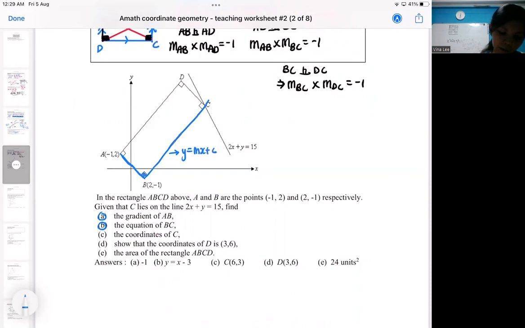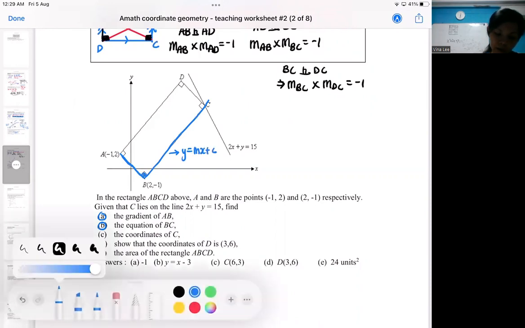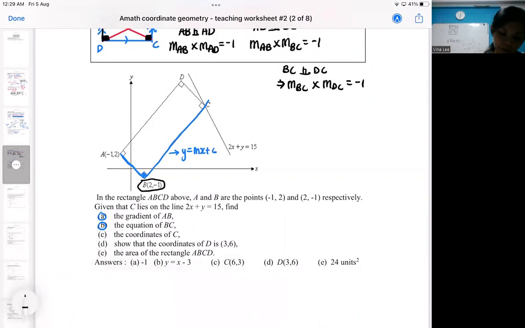You already have a point to help you, but you don't have a gradient. That's where you've got to make use of this 90 degree angle. So to make use of this 90 degree angle, AB is perpendicular to BC.